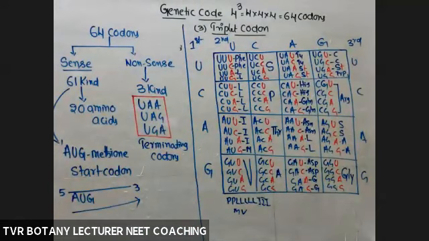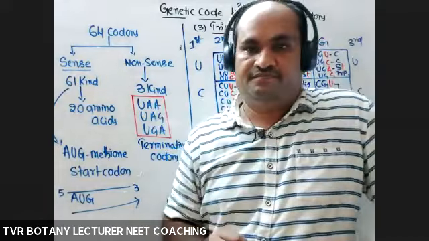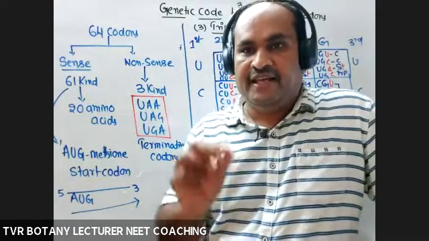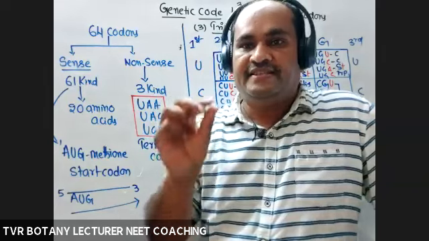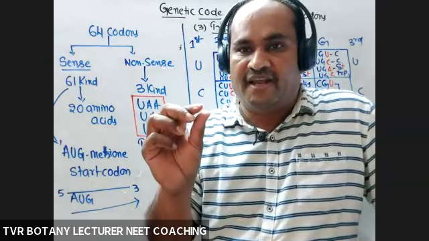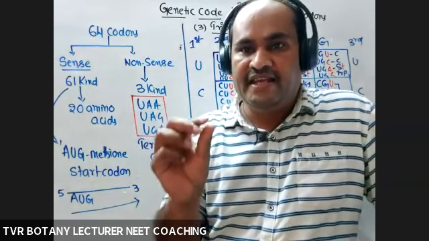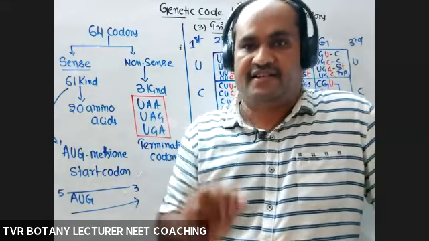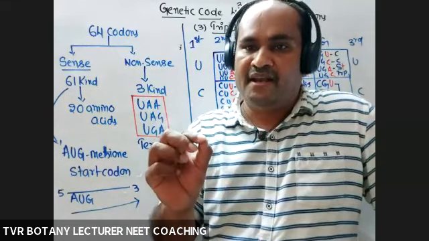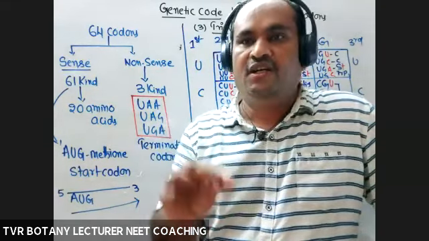So that is about the triplet codon concept. That is about the genetic code. What is the genetic code? The genetic code definition: the relationship between the sequence of nucleotides present in the DNA template or mRNA strand and the sequence of amino acids present in a protein.